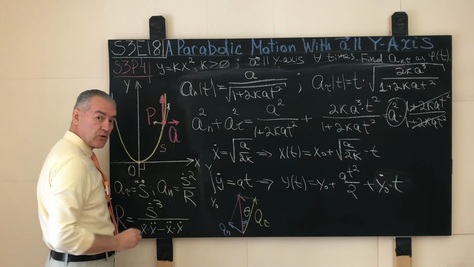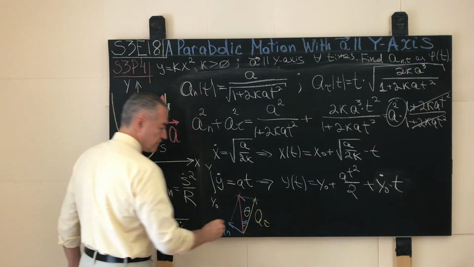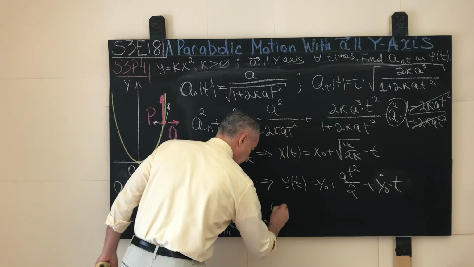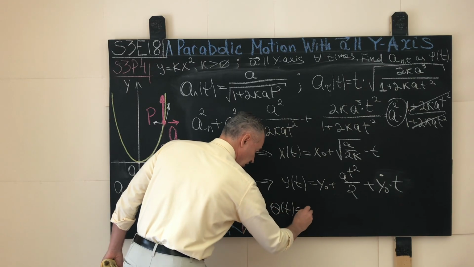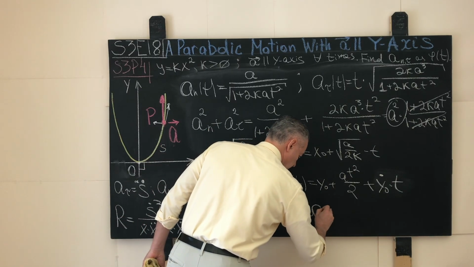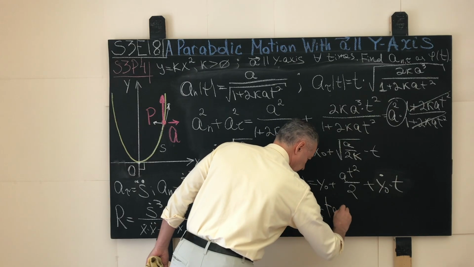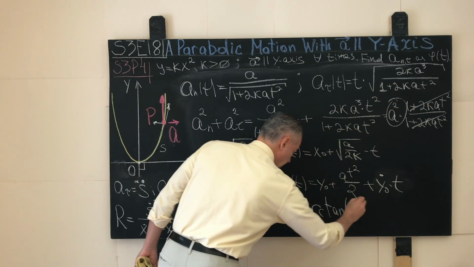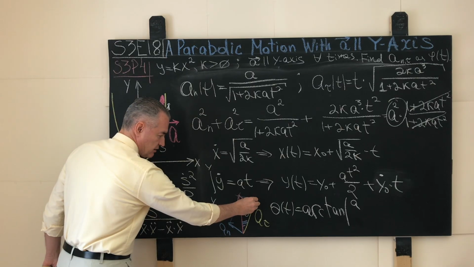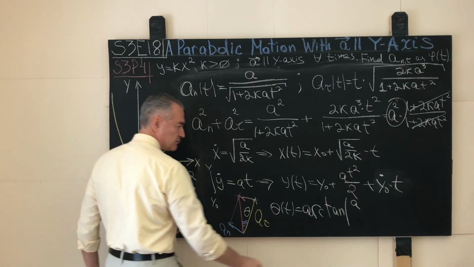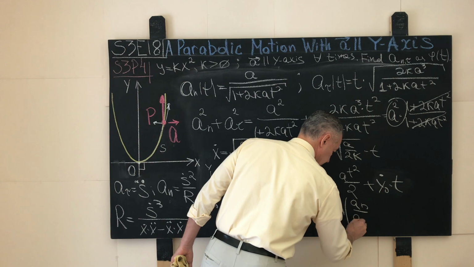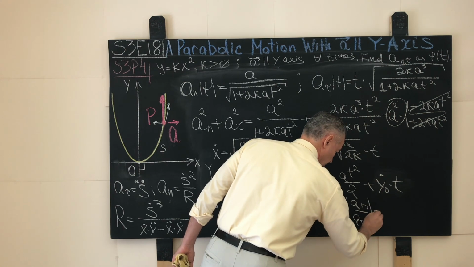And what can you say about this angle theta? Well, the angle theta as a function of time will be evidently an arctan of what? The normal acceleration divided by tangential acceleration. You can compute this on the fly, so to speak.